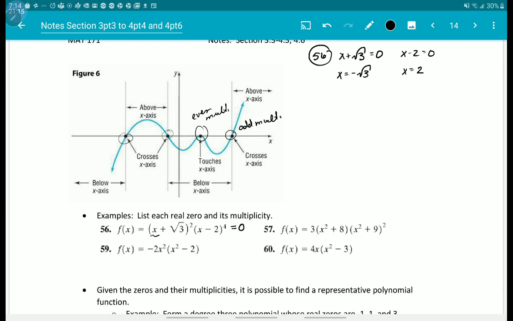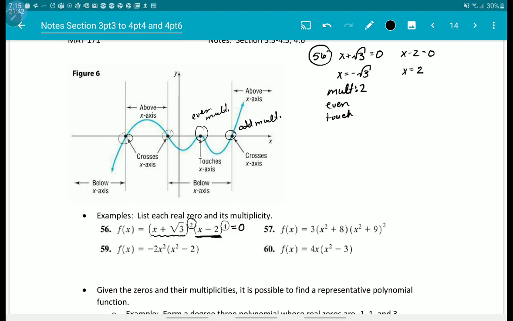Now, the negative square root of 3 came from this factor, and that factor happened twice. So the multiplicity is 2, and since 2 is even, it's going to touch the x-axis at that x-intercept. The x equals 2 came from that second factor.